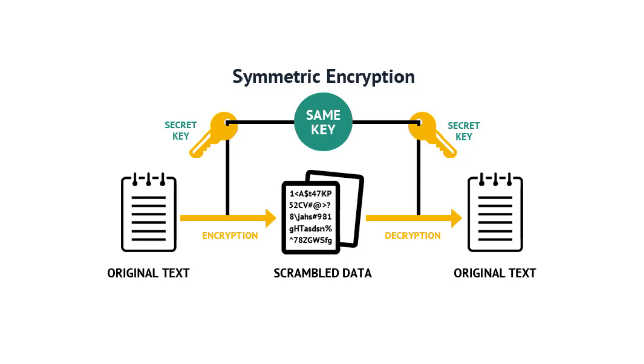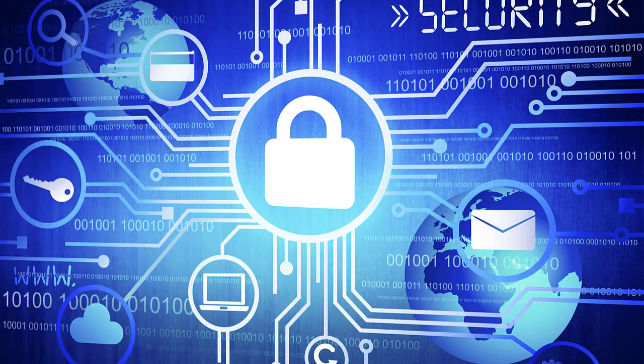So for example, currently we are using HTTPS, which is the Hypertext Transfer Protocol Secure, for data security. So this protocol works with SSL certificates, which is the Secure Sockets Layer, to ensure that data is encrypted while it is transferred over a network.